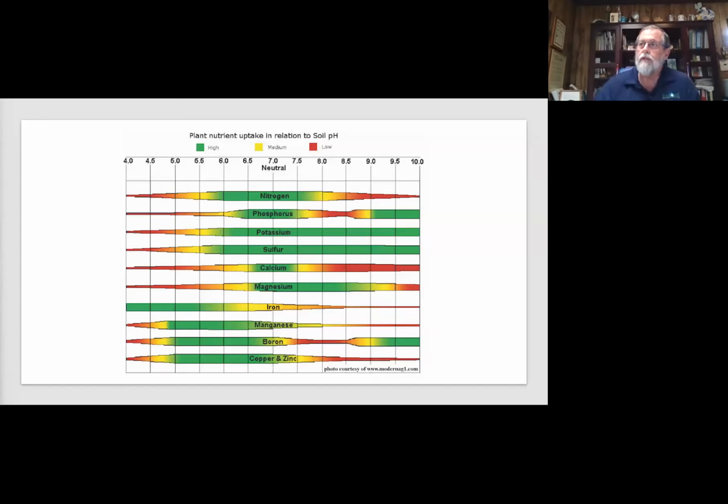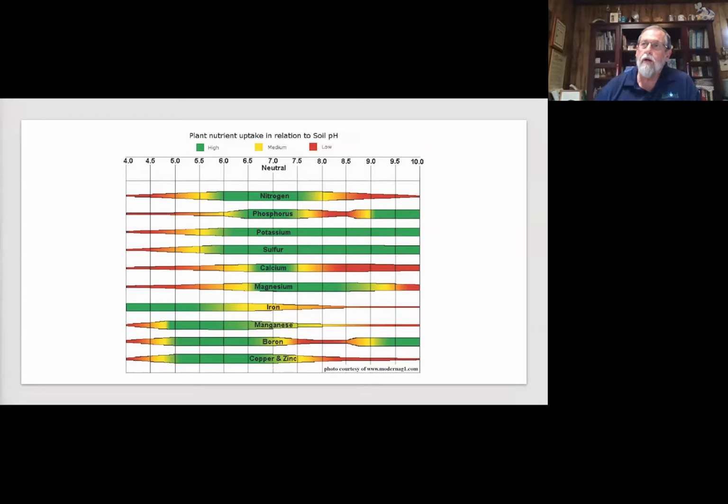As an example, on the soil pH, you can see from this table, and you can see all sorts of versions of these on the internet, that you'll see why most professors and universities recommend you keep a pH between 6.2, 6.3, and 7, because you'll see that the green in those areas for all your nutrients are maximized there.